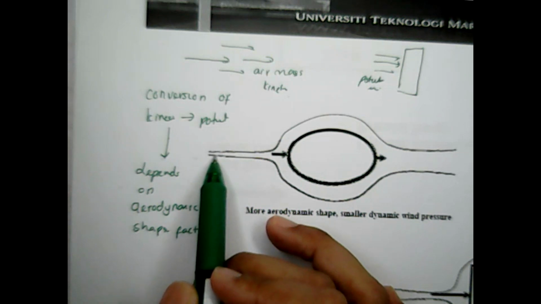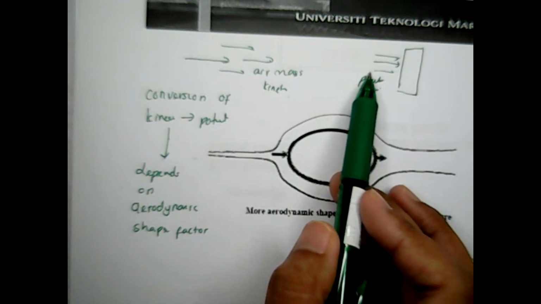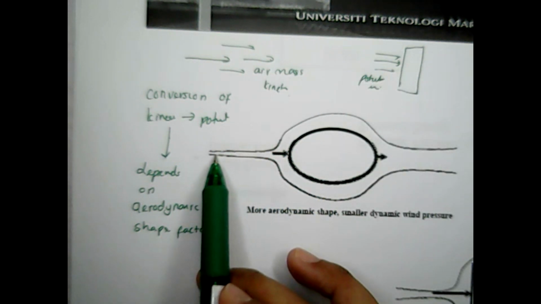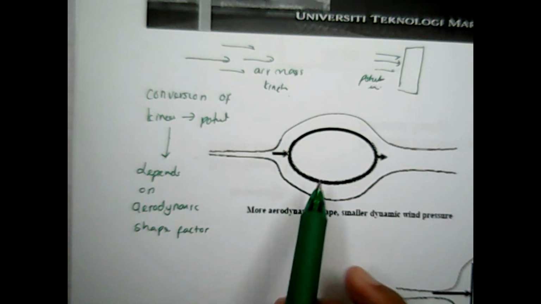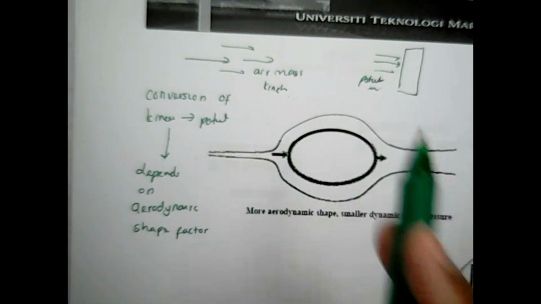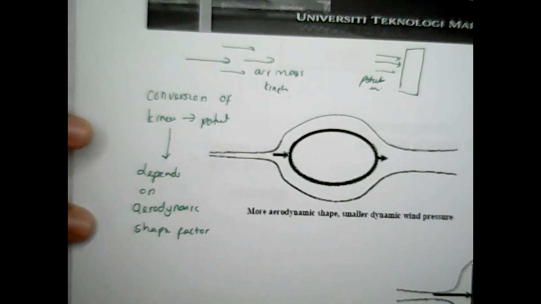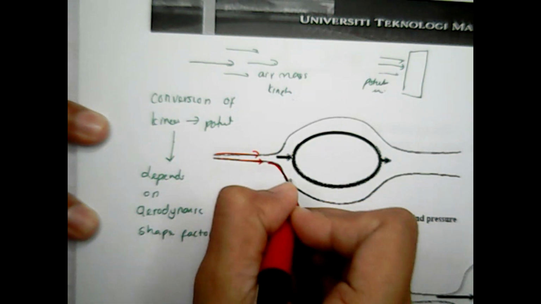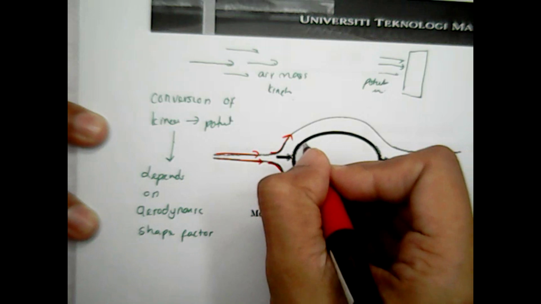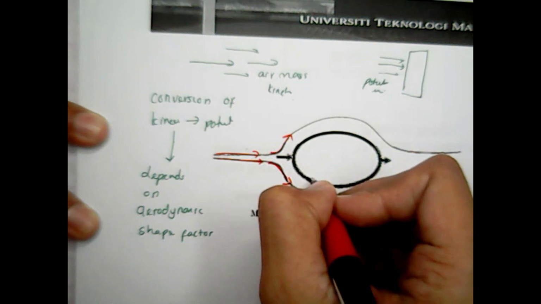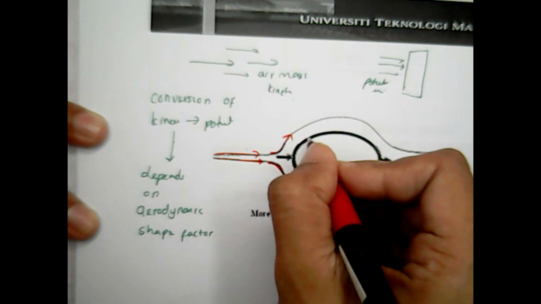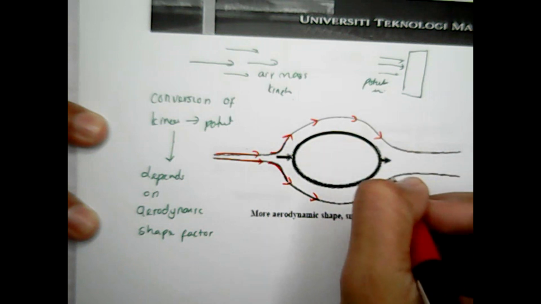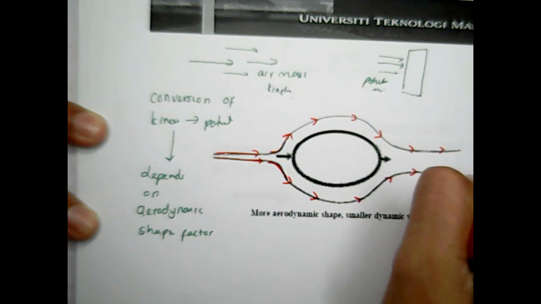When the wind hits the wall, it will be dispersed to a different angle, because it has a very round, smooth surface that helps to disperse the wind and travel to other directions.